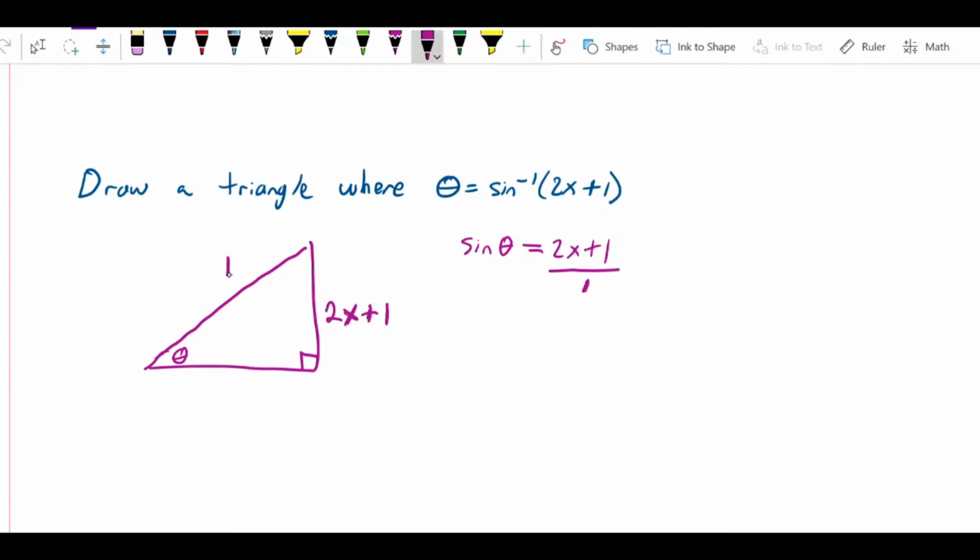That is certainly a triangle such that the sine of theta is 2x plus 1. Using the Pythagorean theorem, we can get the third leg, which is the square root of 1 minus (2x plus 1) squared. And there's a triangle where theta equals arcsine of 2x plus 1.